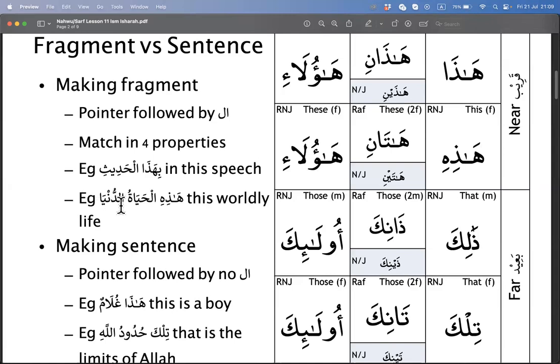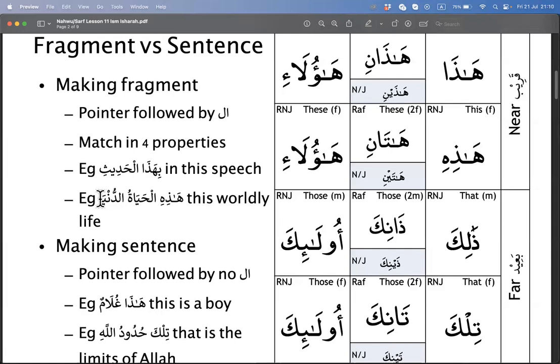Okay, this word we've done before. This word is actually singular feminine. We will look at this word again when we come to it. This is a superlative word, meaning lowest. Although we translate hayatud dunya as worldly life, with dunya being worldly and haya being life, if you want to be very pedantic about it, this is actually lowest.